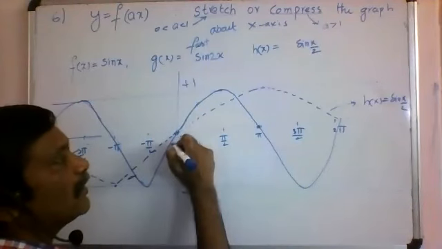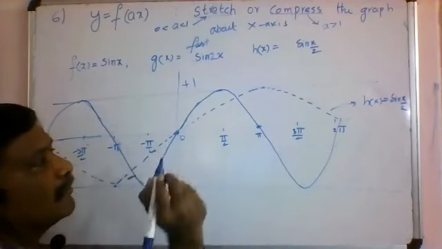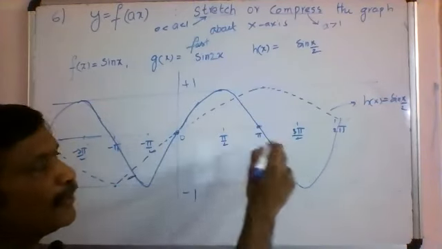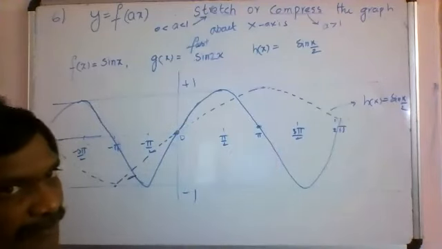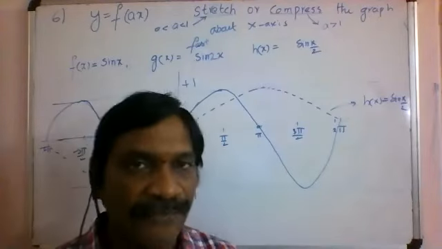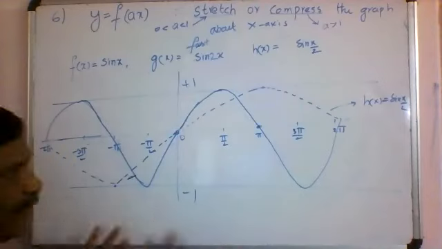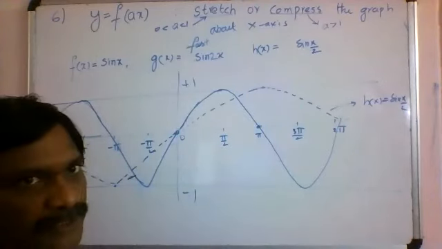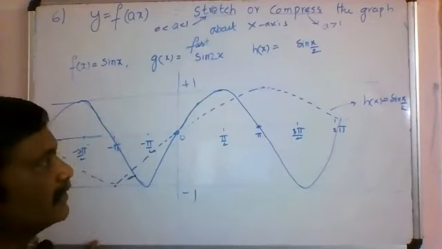This point is on the curve when it is rising, but here the curve is decreasing. Value may be same, but position is not same. We say same phase. Same phase means the situation also must be like that only. But these 2 points are not in same phase.